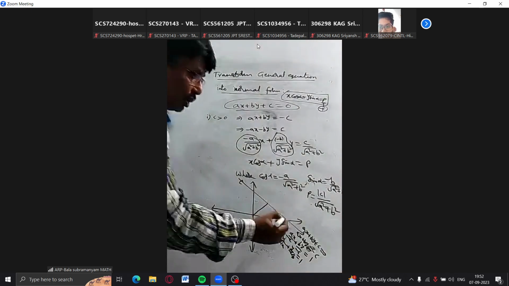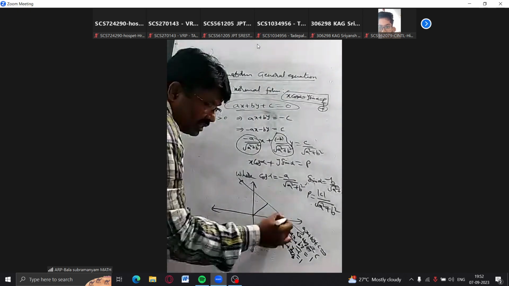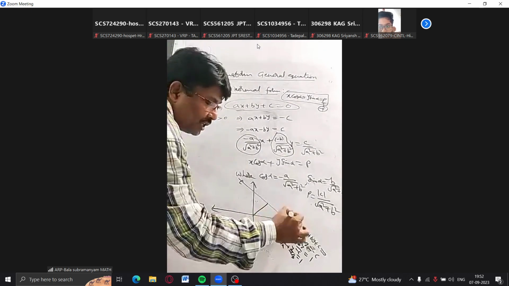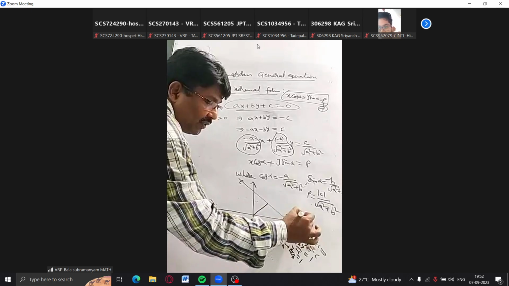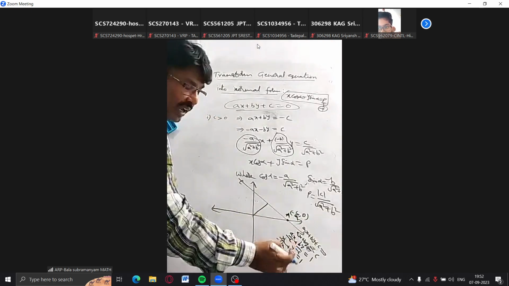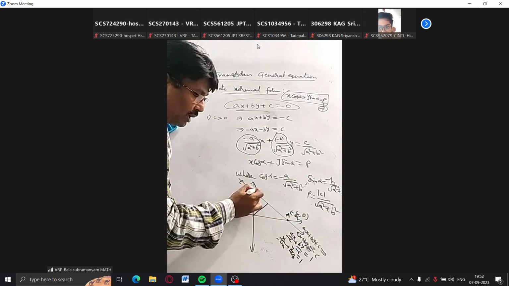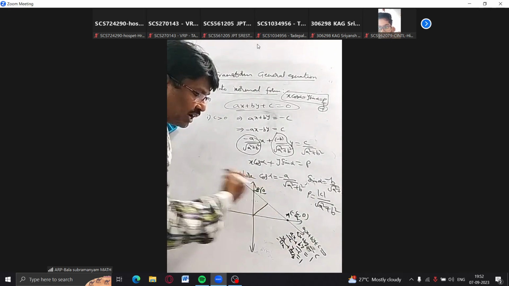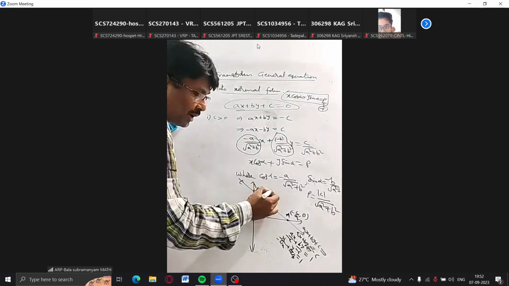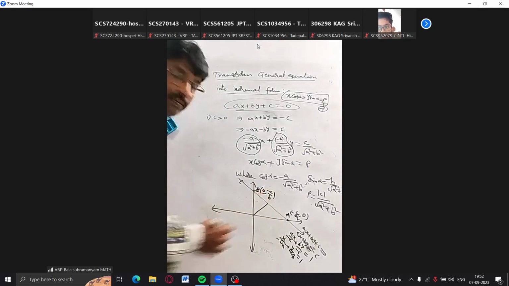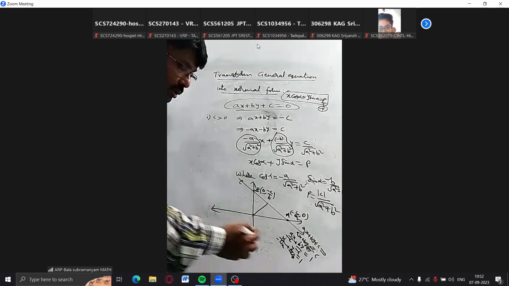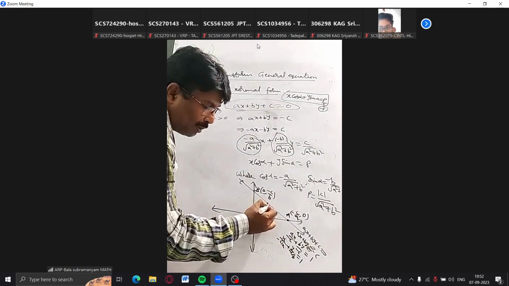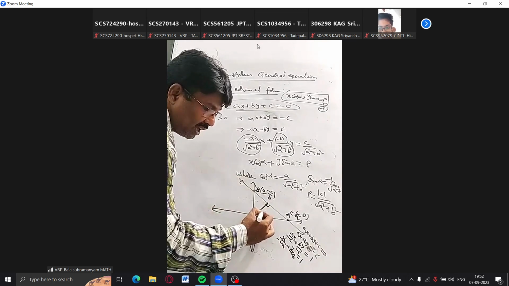Okay. So here the x-intercept is at point A, which is minus c by a. Here the y coordinate is 0. The y-intercept is minus c by b; here the point is taken as B. On the y-axis the x coordinate is 0. Here normal means perpendicular. This one is alpha.